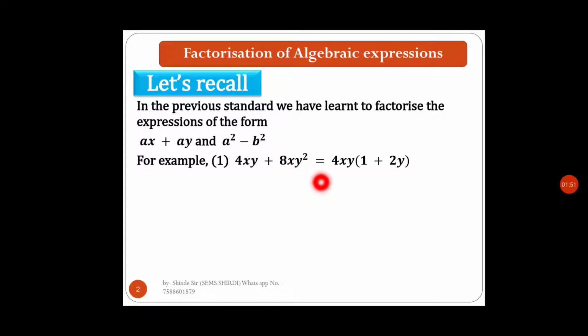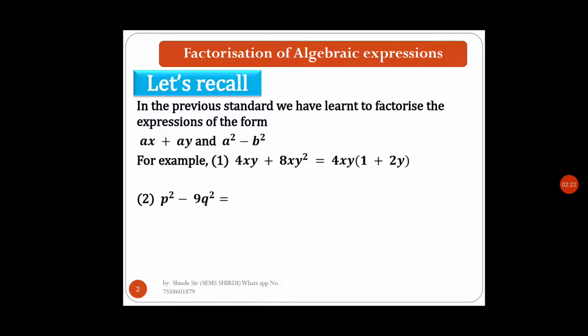For example, the factors of 6 are 2 and 3. 2 into 3 we get 6, and 2 and 3 are the divisors. If we divide 6 by 3, the remainder is 0. Similarly, if we take the product of 4xy into 1 plus 2y, we get the same polynomial. Okay, now let us see the next example.